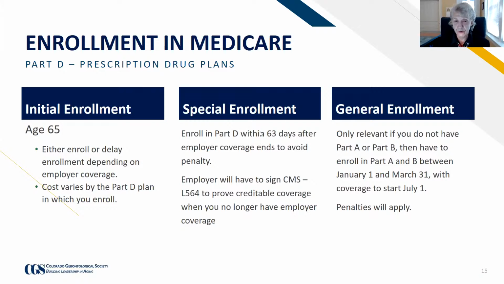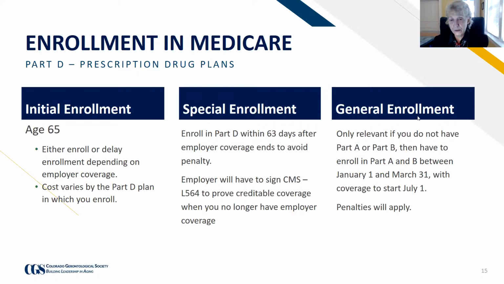So this time frame for Part D is significantly less. It's a little over 2 months rather than the 8 months that you have for A and B. The employer again has to sign the CMS L564 to prove that you have credible coverage.